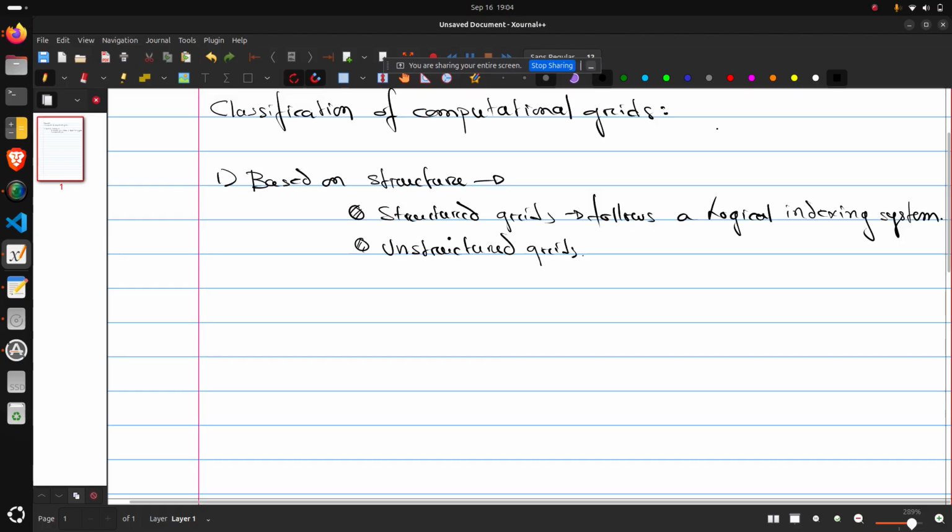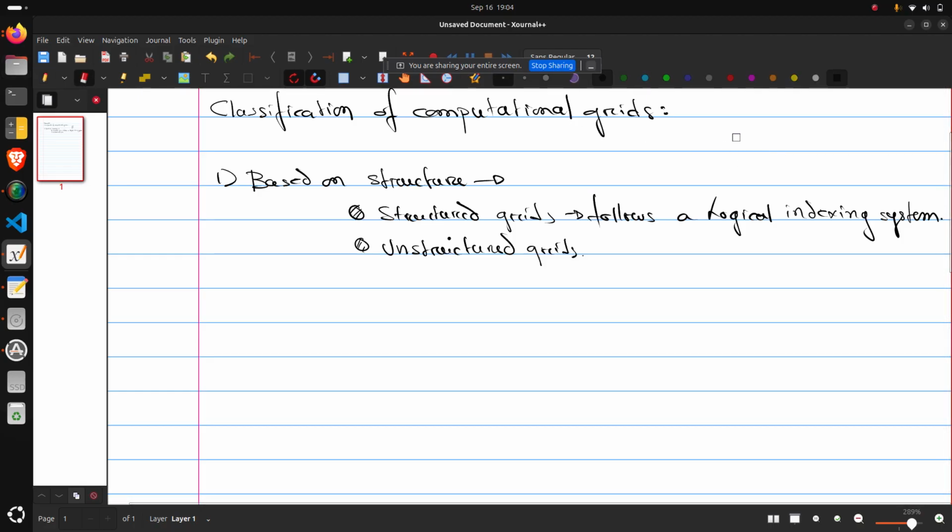So what do we mean by complicated geometry? For example, if we want to simulate a flow over a car, or some arbitrarily shaped blob body, for example a star or something like that. In these regions we cannot have an ordered grid.